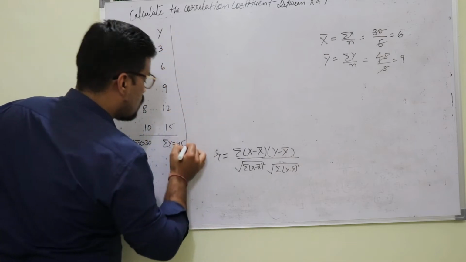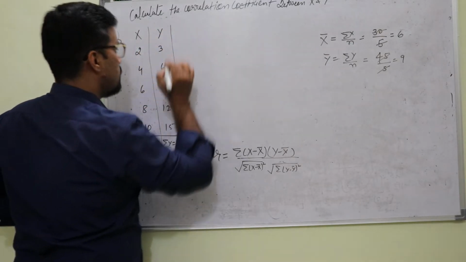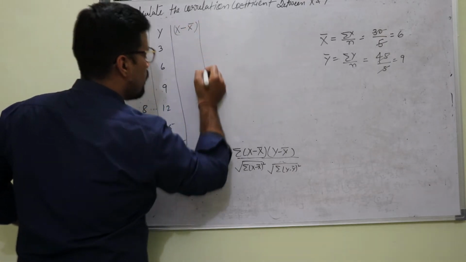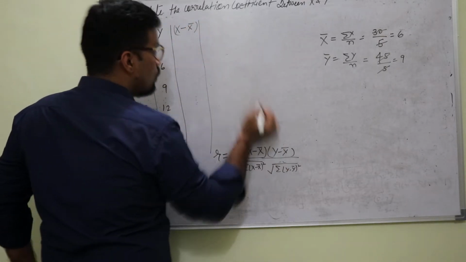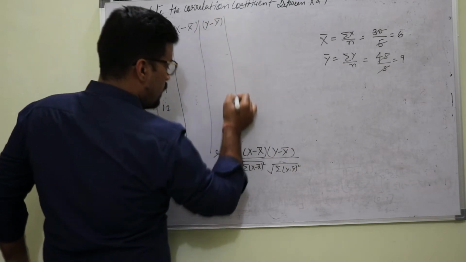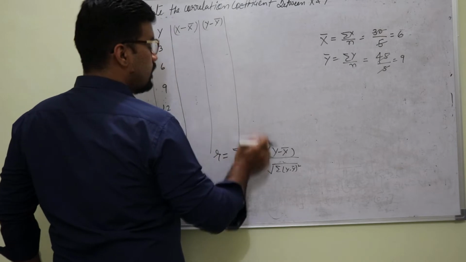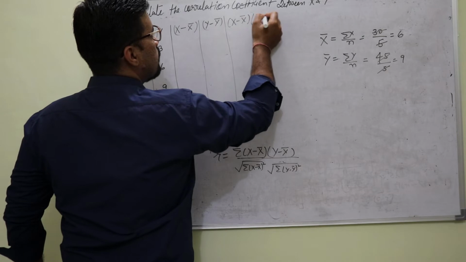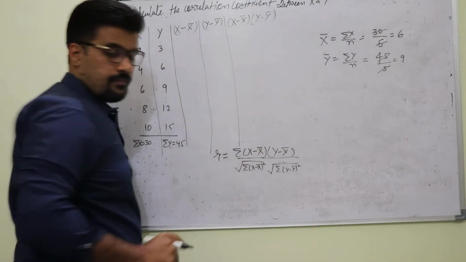So the next column which I am going to make in this table, I'll write x minus x bar. Right? And then I need y minus y bar. Okay. Now the third thing which I require is (x minus x bar) multiply (y minus y bar). Right?